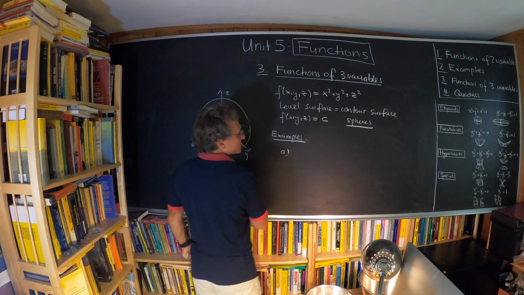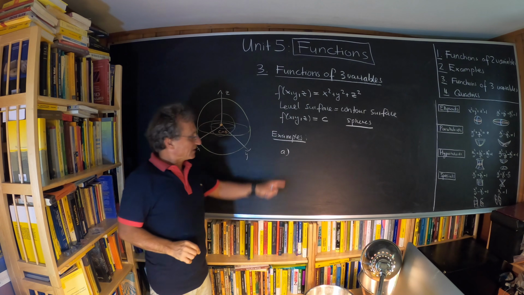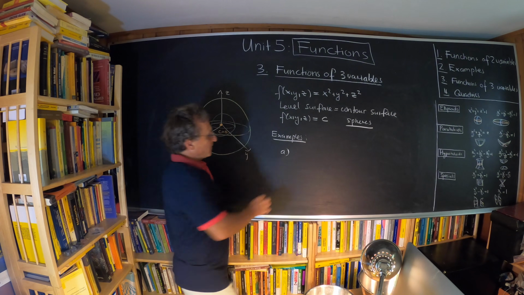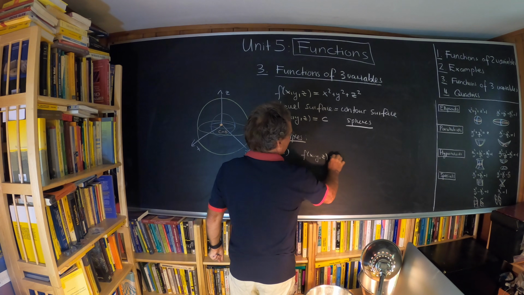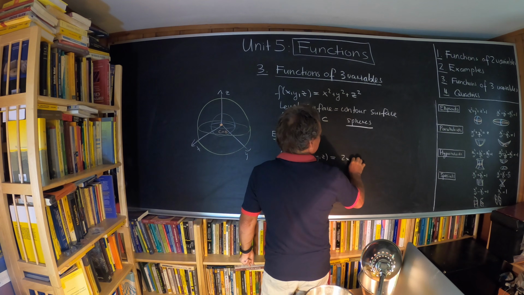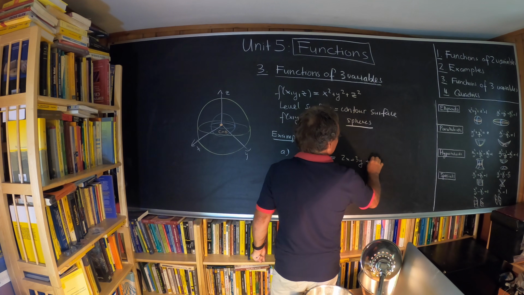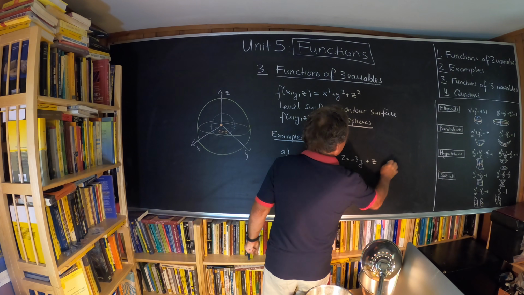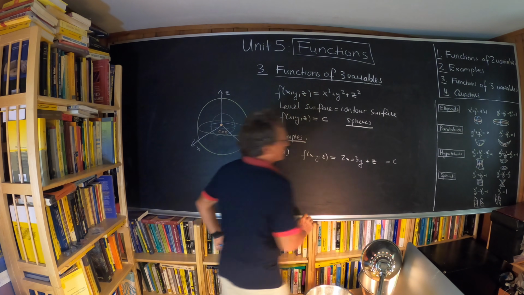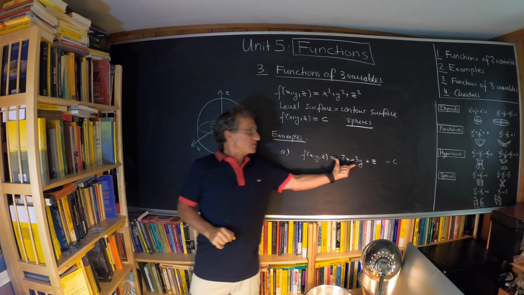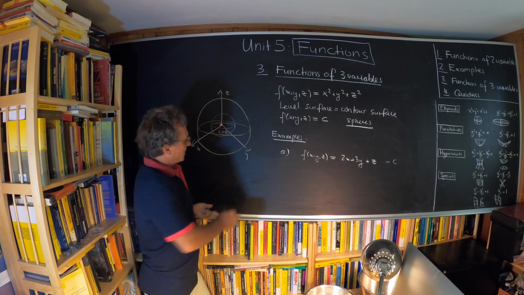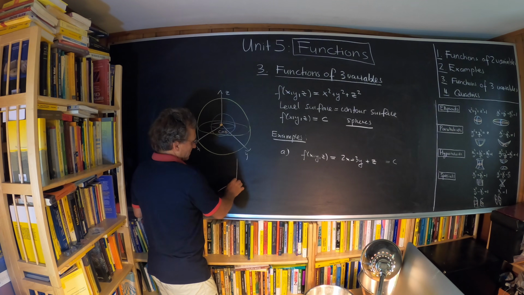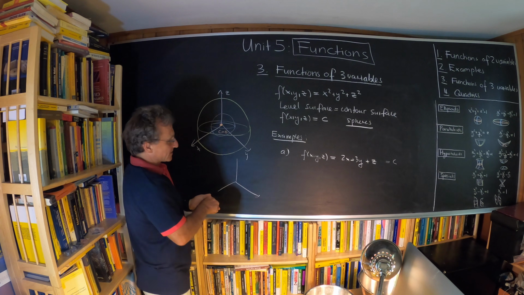So what happens if you take f(x,y,z) equal to 2x plus 3y plus z, and we take this equal to a constant? What do we get? In this case, the function f(x,y,z) was linear, and what we get are nice planes, right?